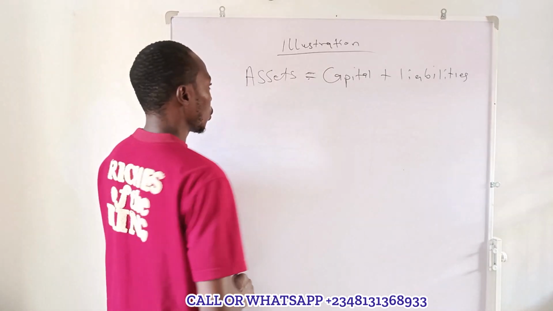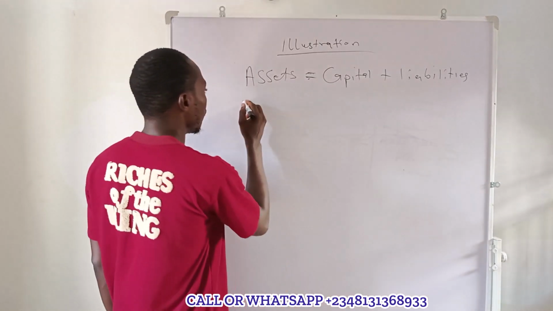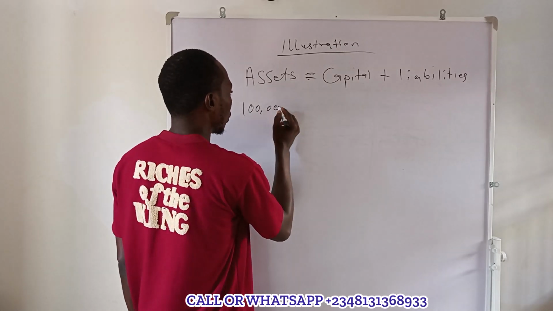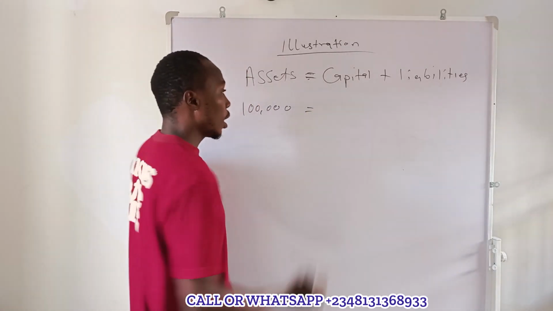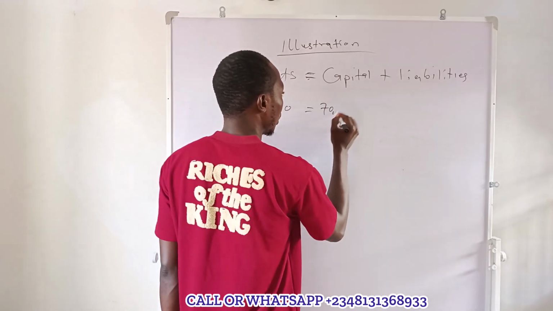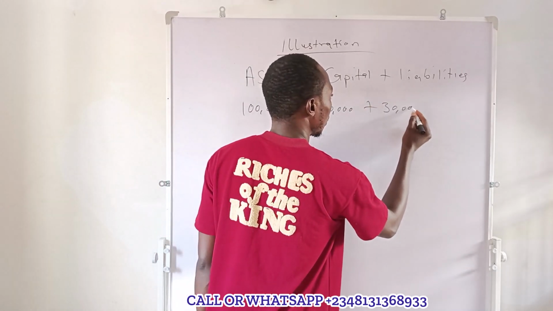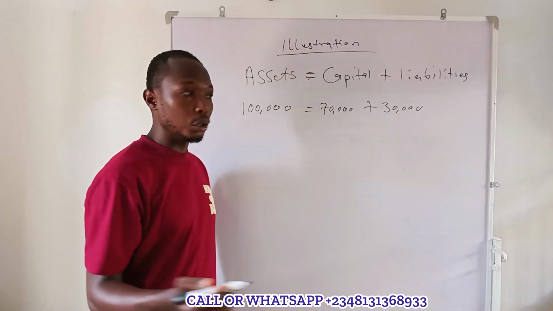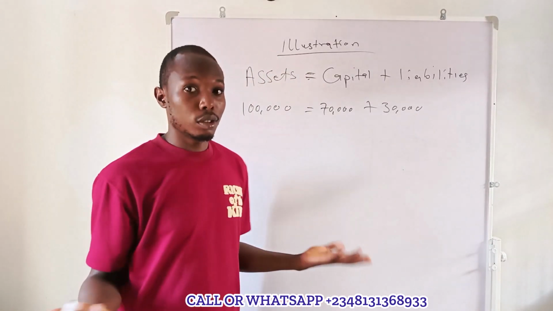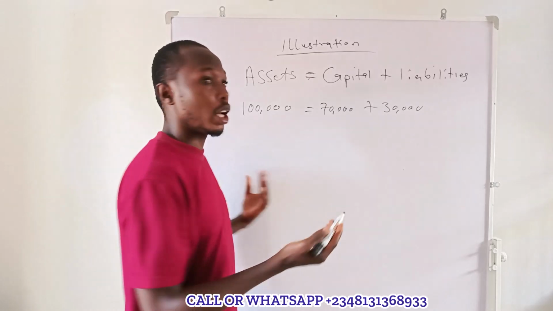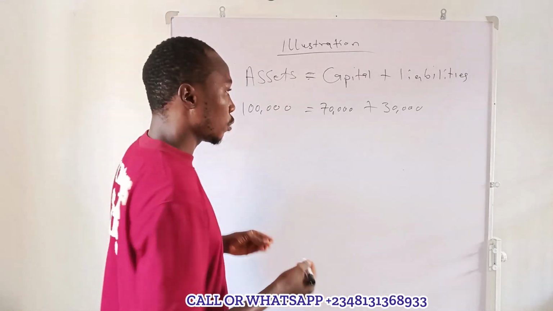So the illustration now says if the asset is 100,000, your capital can be 70,000, plus 30,000 liability.